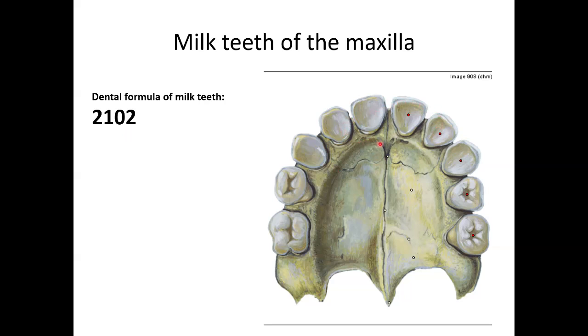The first two teeth are called dentes incisivi. So the first character 2 means 2 dentes incisivi. Then the next character 1 means the so-named dens caninus. Dens caninus. Dens number 3.